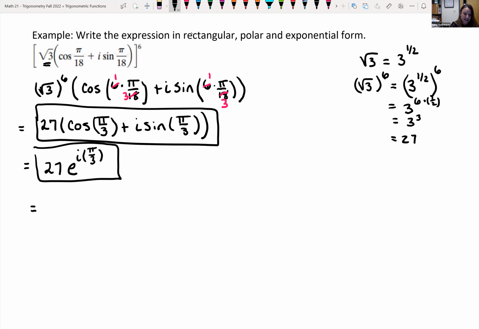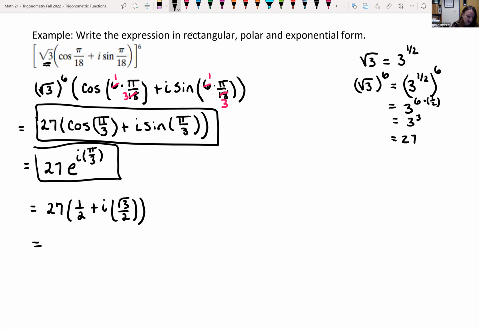If I want to write this in rectangular form, so let's go back to the polar form right here, and let's simplify it. So I have 27 times the quantity of cosine of pi thirds. So cosine of pi thirds is 1/2 plus I sine of pi thirds. Sine of pi thirds is √3/2.